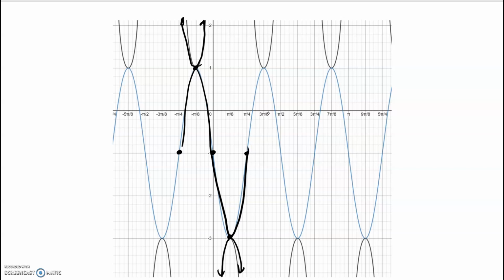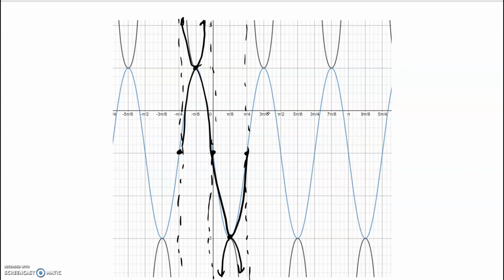Here's one of the examples where right here and right here, they're not asymptotes. It's actually right here, and right here. Okay, those are the asymptotes.